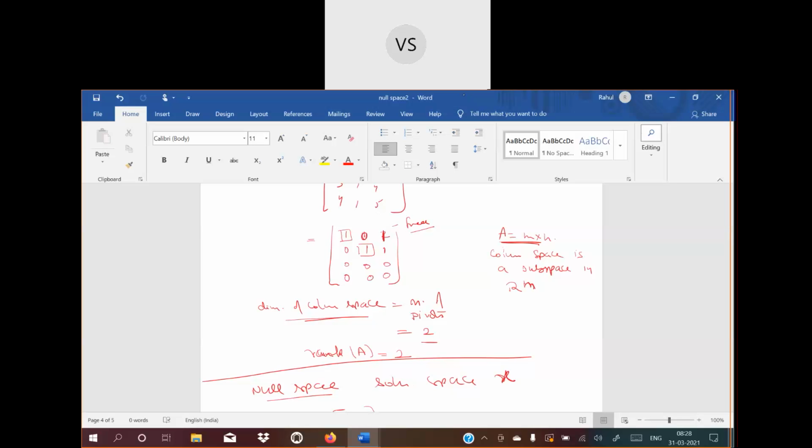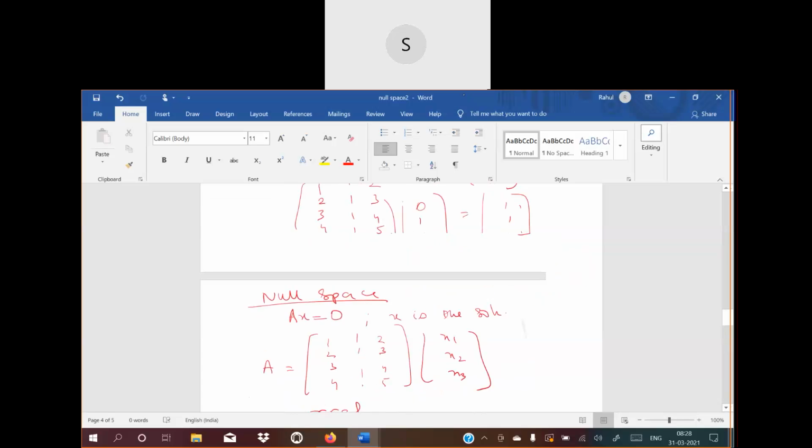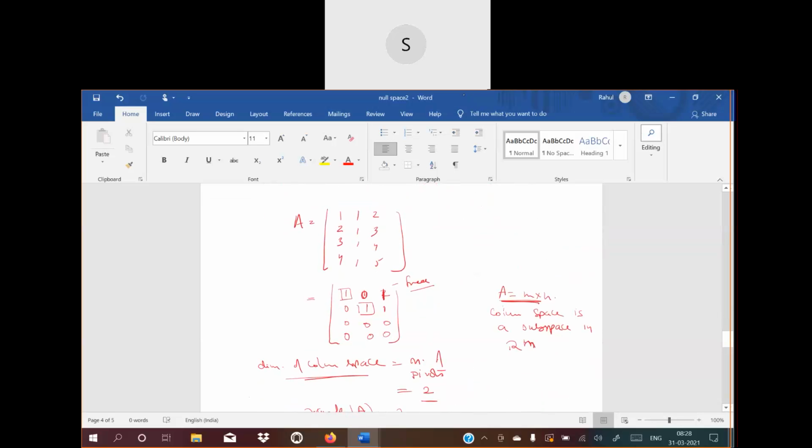Can you tell me, for column space, which space you are in? R2. Here we are saying that it is a subspace of Rm. If A is an m cross n matrix, then it is a subspace of Rm.